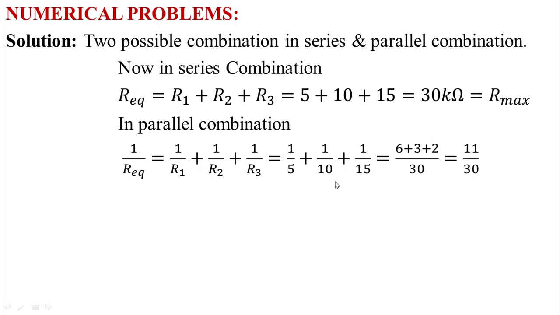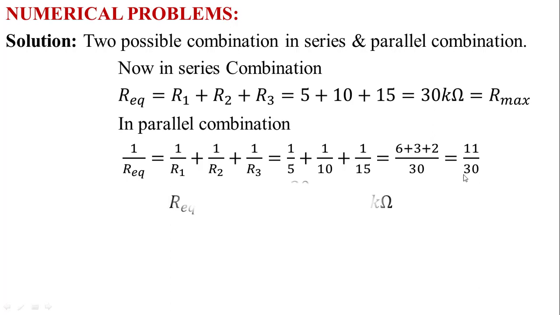Taking the LCM, the LCM is 30. Five sixes are 30, so 6 plus 3 plus 2. Adding 6 plus 3 plus 2 is equal to 11. So 1 upon R equivalent is equal to 11 by 30.